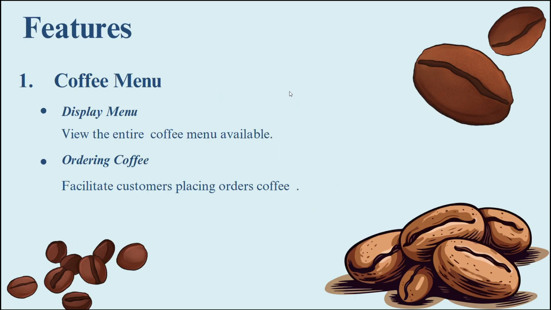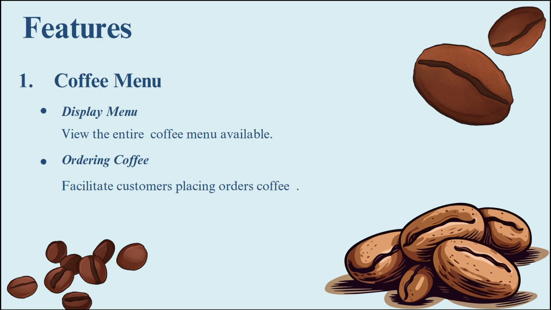In features of the program, we have two main features: one, coffee menu, and second, admin panel. In coffee menu, we have two mini features. First, display menu. In this part, it will show you the menu of coffee with the ID of coffee, name and price of coffee, with the lowest price for size S only.